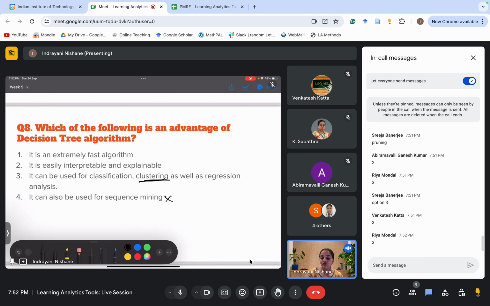In clustering, we are trying to group similar data together. This technique is not classification, so don't get confused between classification and clustering. Even though a decision tree is very similar to hierarchical clustering, it is not hierarchical clustering.